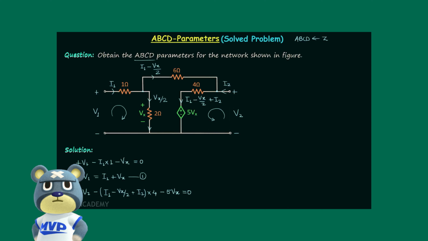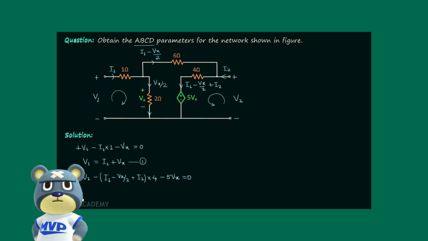When you simplify this you will have voltage V2 equal to 4 times current I1 plus 4 times current I2 plus 3 times voltage Vx, and let's say this is our equation number 2.